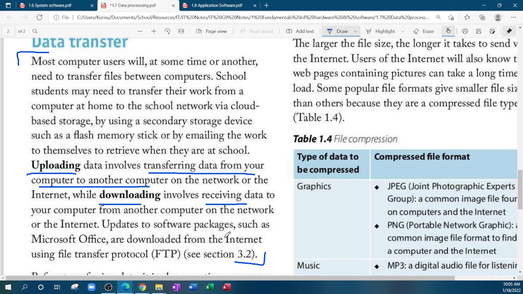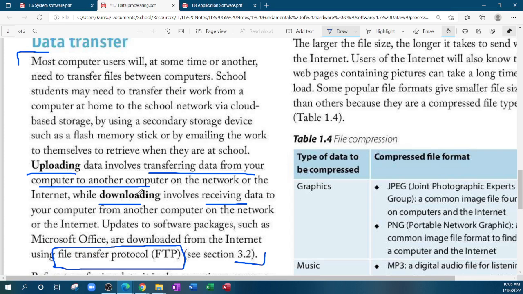Very good. So you have three terms here that you should remember. Don't cut off there. You have uploading, you have downloading, and you have FTP, file transfer protocol. Now, I'm sure you guys already know what uploading and downloading are, but just in case for some persons who may not, we're going to use the simple example of WhatsApp.